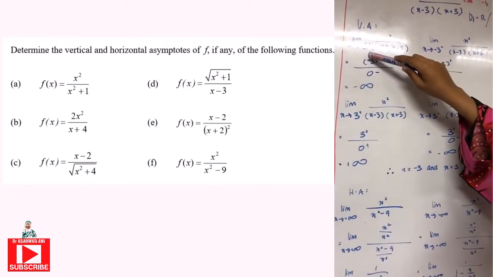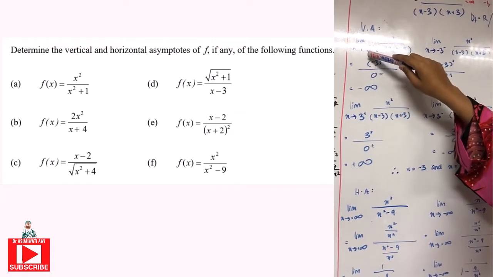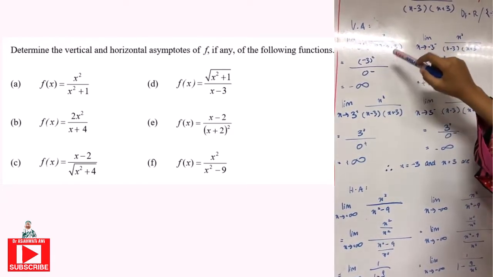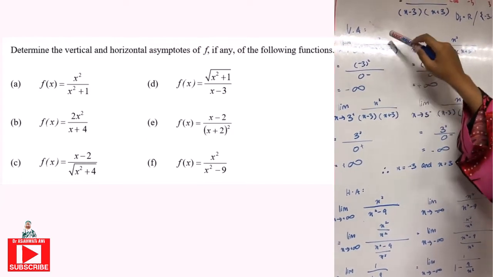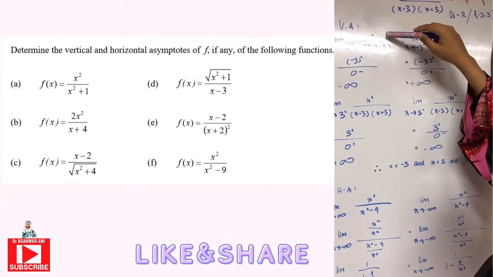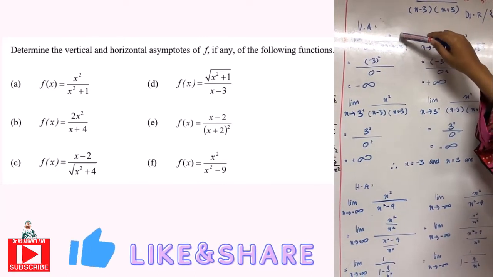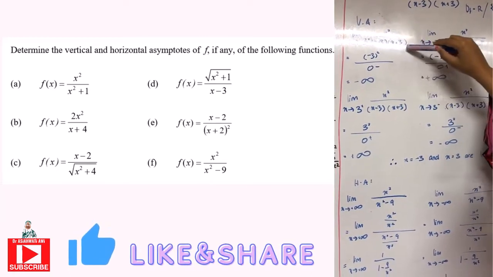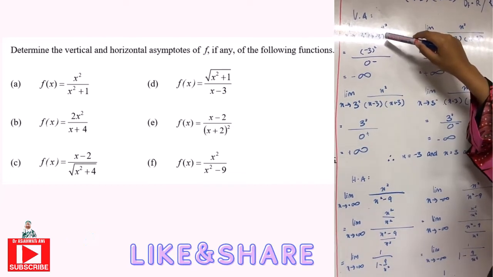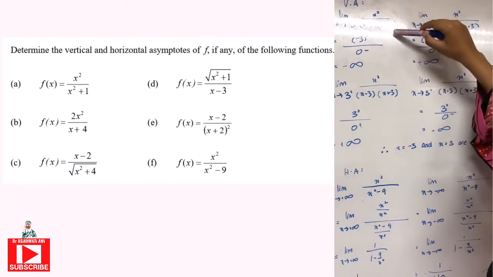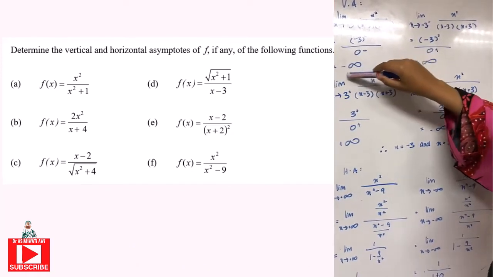Since this is the limit as x approaches negative 3 from the right, we can take one example such as negative 2.9 and substitute it in. The numerator is squared, so we still get positive, and for the denominator we get negative and positive. Negative times positive gives negative, so we get negative infinity.